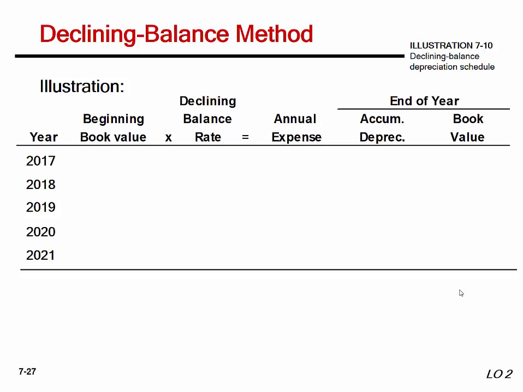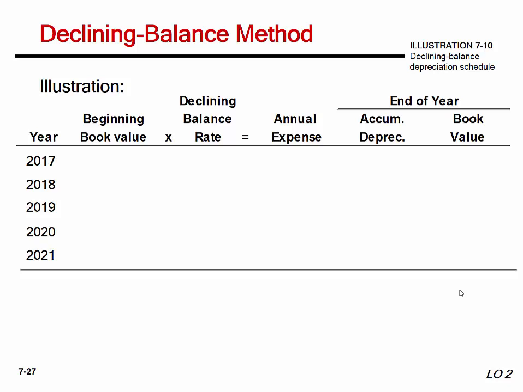tabular illustration of calculating the double declining balance method and applying it to our data set. What is our book value on day one of purchase? We have a $13,000 historical cost, what we paid for the asset.